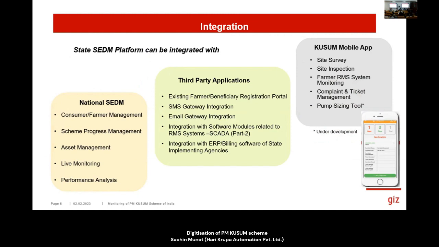Third-party application integration was required: SMS gateway integration, payment gateway integration, email gateway integration. This has the facility for integration with those. It can also integrate with the SCADA system for real-time remote monitoring of the system. And last, we have the KUSUM mobile app. The mobile app has been developed considering three main stakeholders: the state implementing agency, the manufacturers or installers, I would say EPC people, and the farmers.